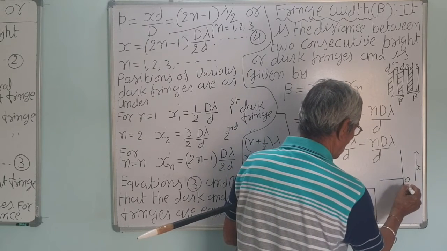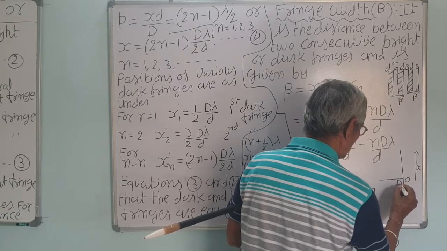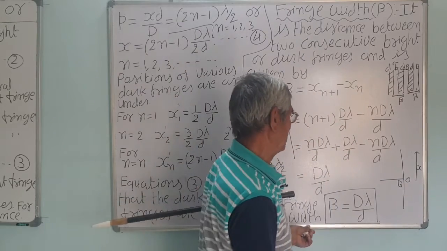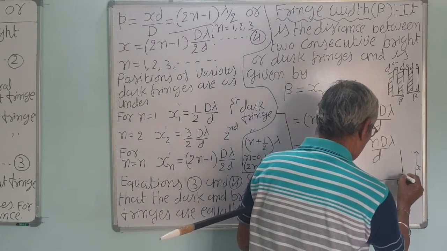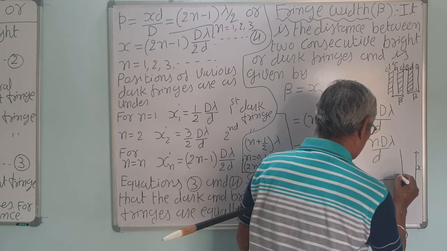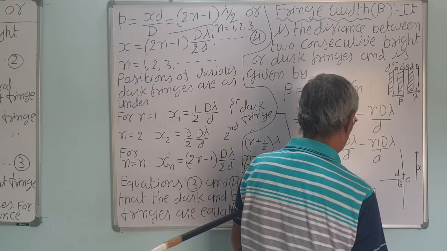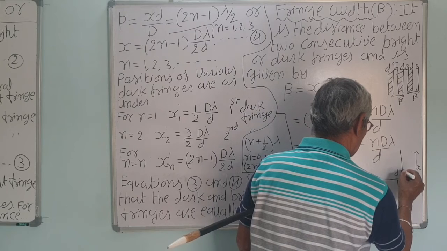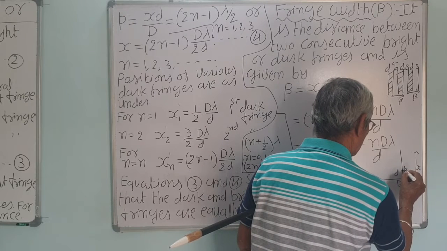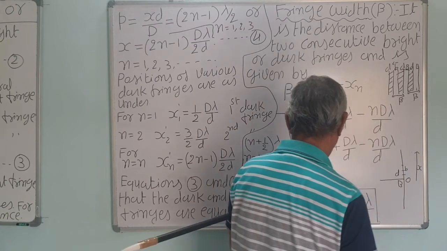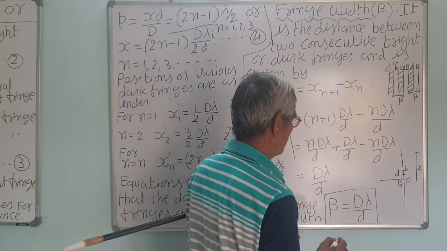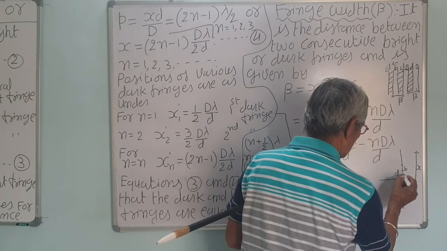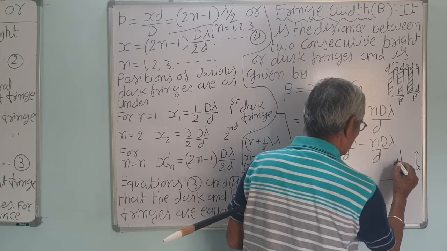Now, the central is a bright fringe, because of zero path difference, it will be a bright fringe B. Then when there is lambda by 2 path difference, there will be a dark fringe, correct. Then bright fringe, then dark, and so on, correct. So if this is dark, bright, again dark.